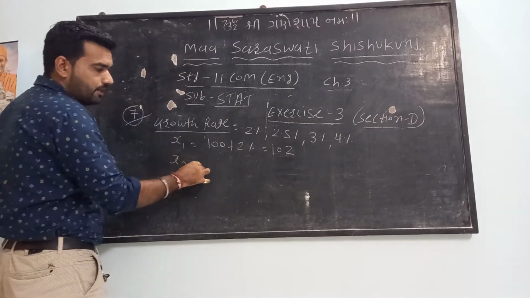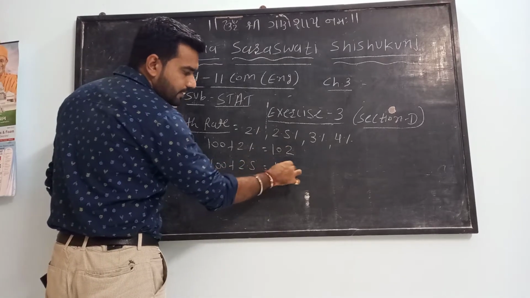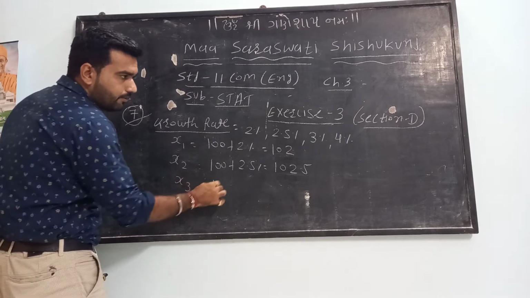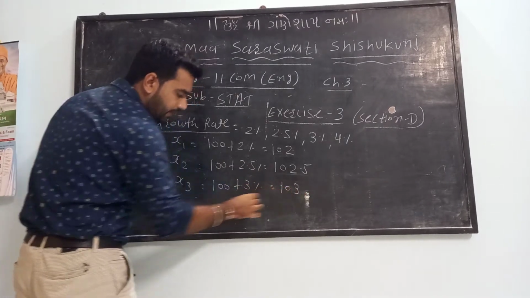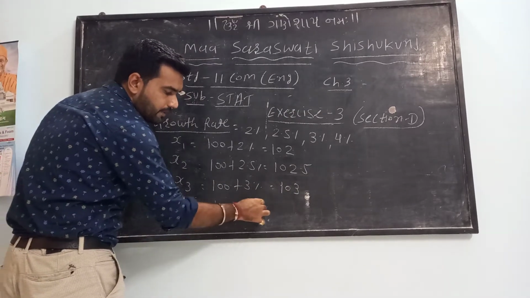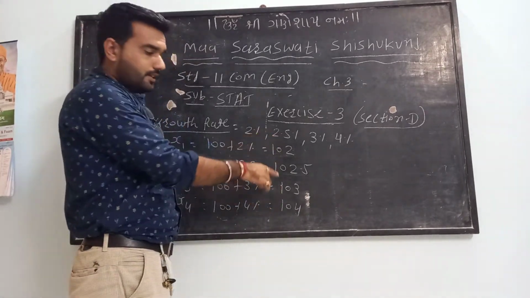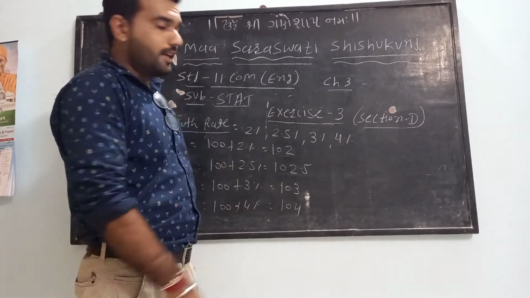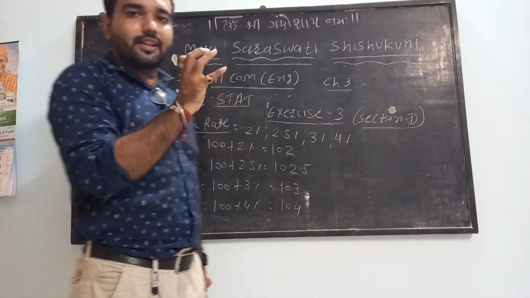Next x2 is equal to 100 plus 2.5, so 102.5. x3 is equal to 100 plus 3%, which is 103, and x4 is equal to 100 plus 4%, which is 104. So now our observations are 102, 102.5, 103, and 104.